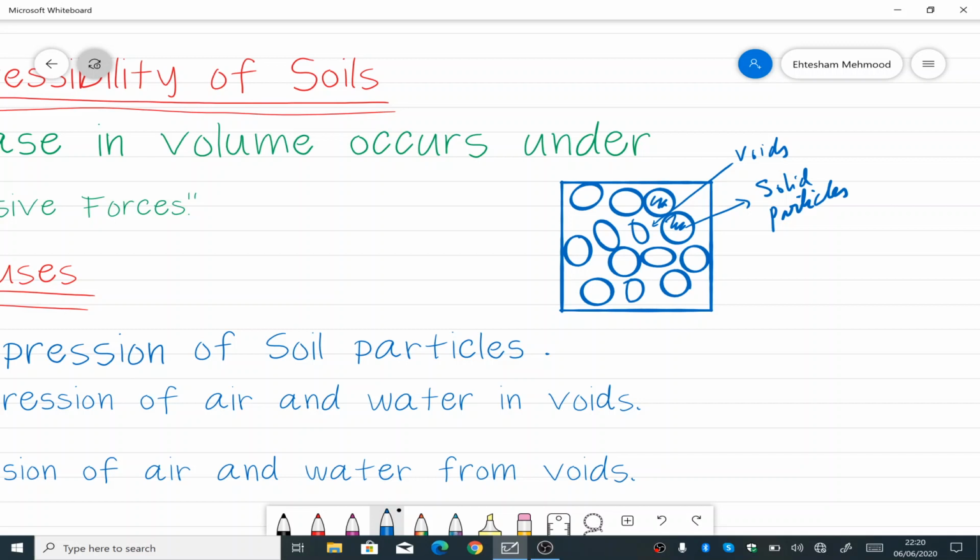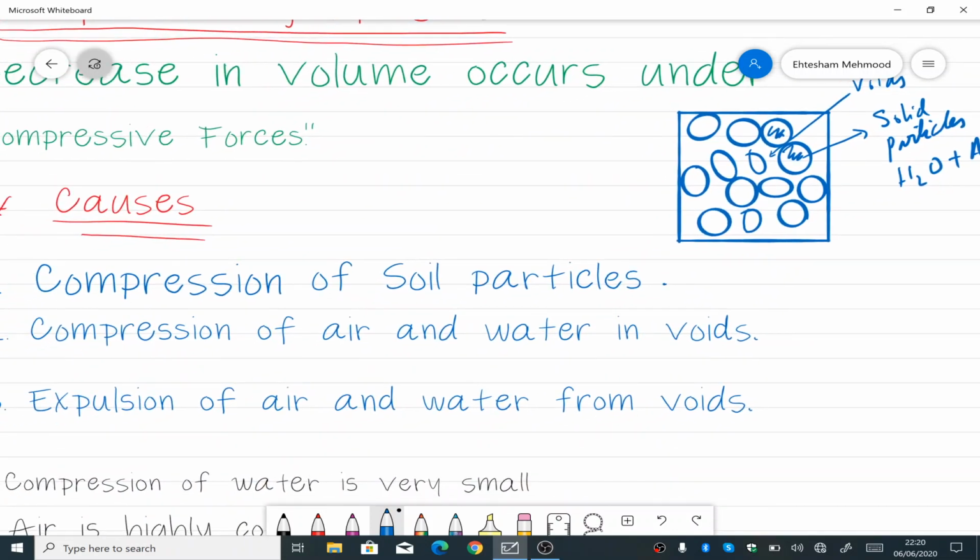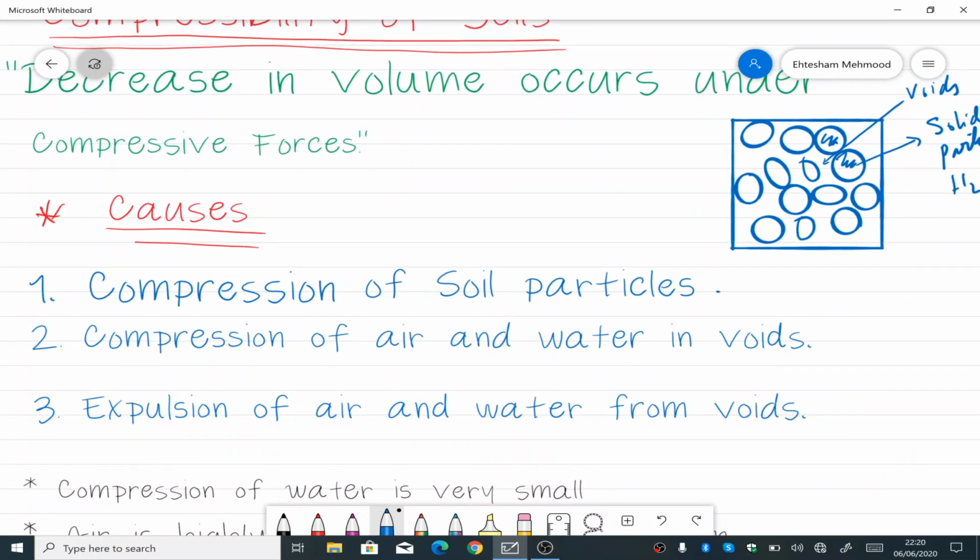If it's an unsaturated soil, then these void spaces would be filled with water as well as air, whereas in the case of a fully saturated soil, the air would be removed, and the voids will only contain water in them. So coming back to the causes, first one is compression of soil particles.